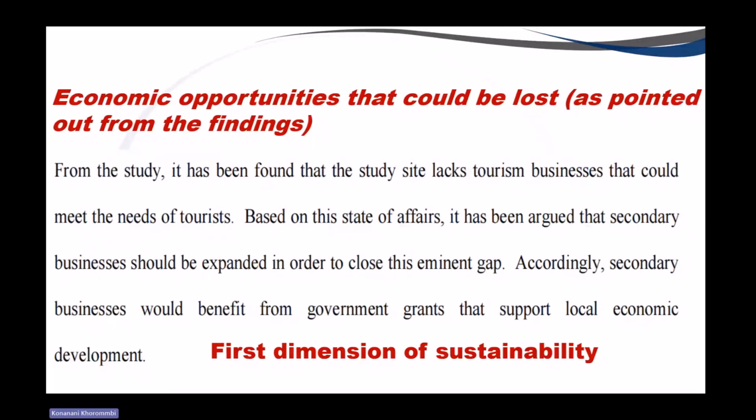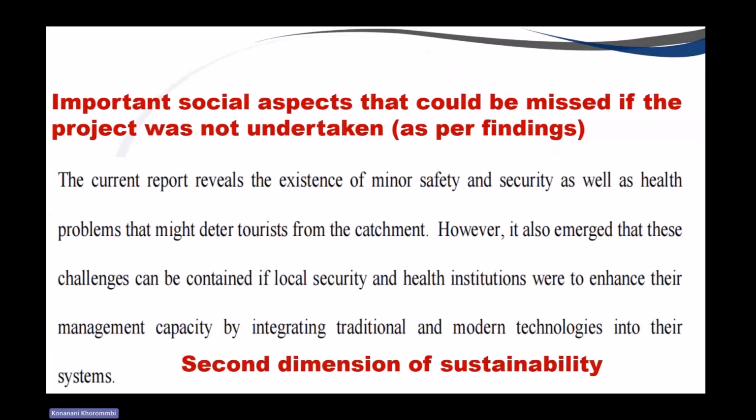Second dimension of sustainability: the current report reveals the existence of minor safety and security as well as health problems that might deter tourists from the catchment. However, it also emerged that these challenges can be contained if local security and health institutions were to enhance their management capacity by integrating traditional and modern technology into the system.